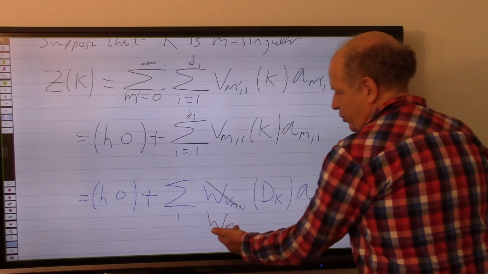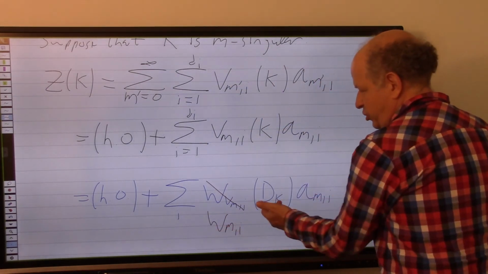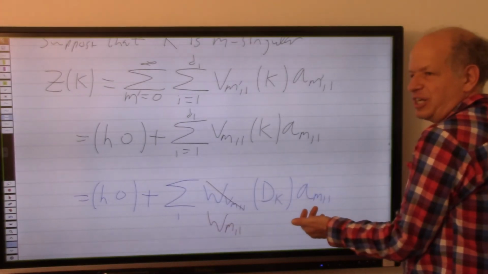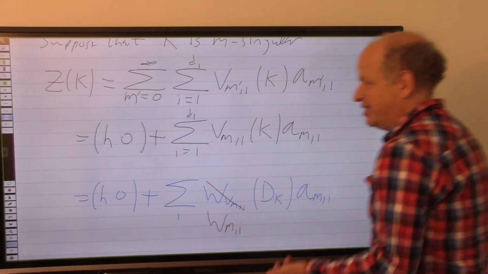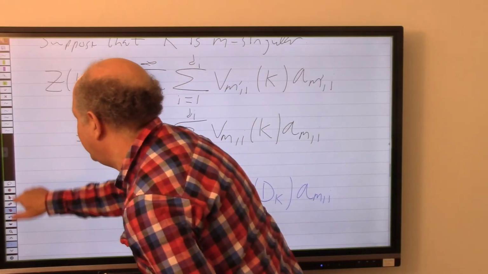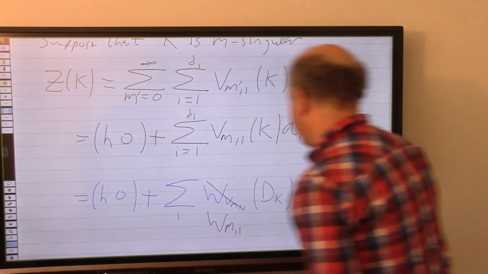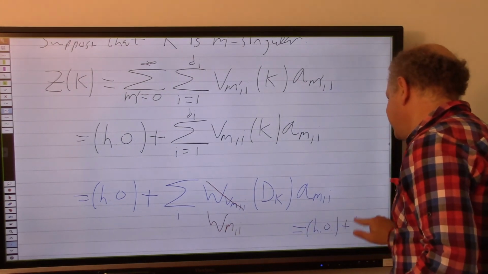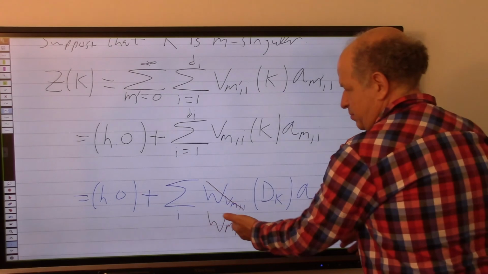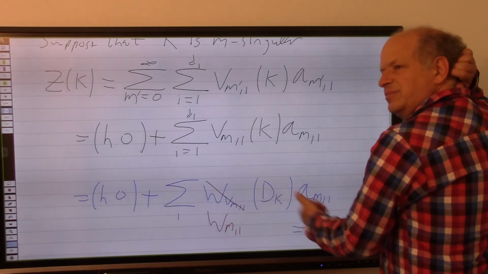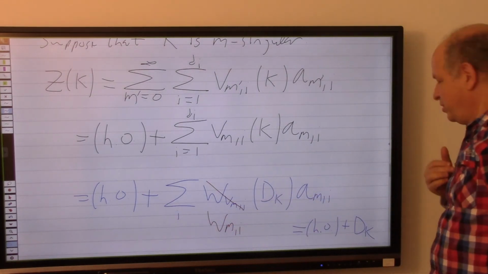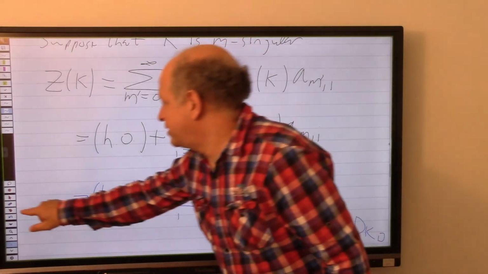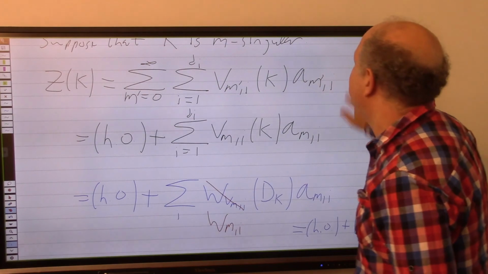And now I'm evaluating a dual basis on D and multiplying by the basis. That's the identity operation. So this is equal to the higher order terms plus D of K. That's just the identity map. End of proof. And I'm sorry, I'm 2.5 minutes over time, but at least the theorem is done.